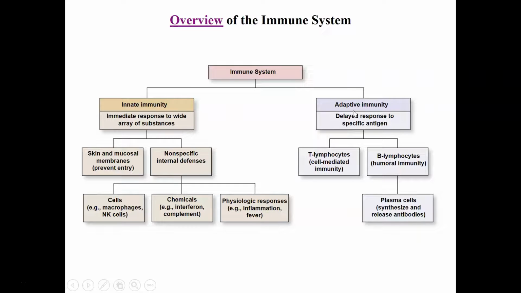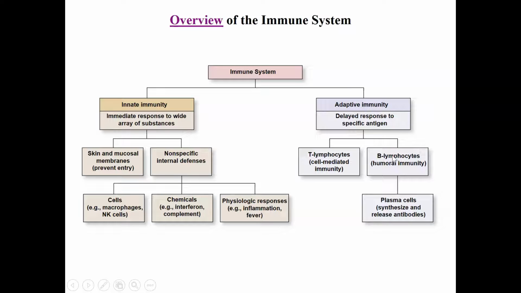The adaptive immune system can also be broken down, and there are two main subcategories under that main category. That is through the action of the T lymphocytes, which carry out what's called cell-mediated immunity, or the B lymphocytes, which carry out humoral immunity, humoral referring to the action of antibodies in the body humors, the blood and lymph mostly.